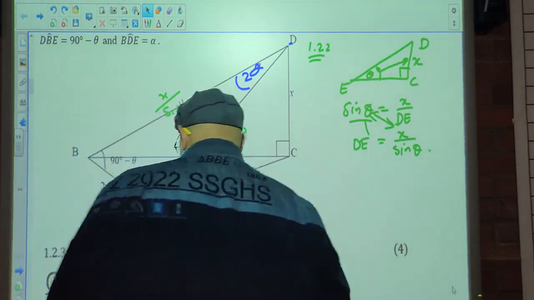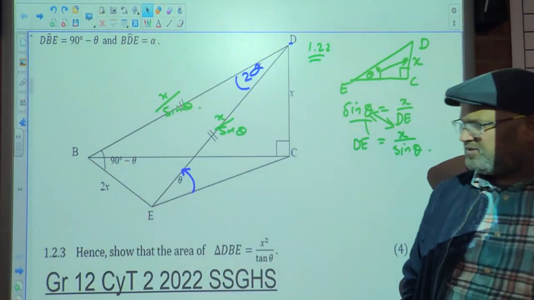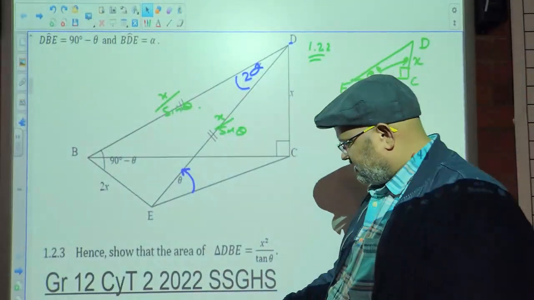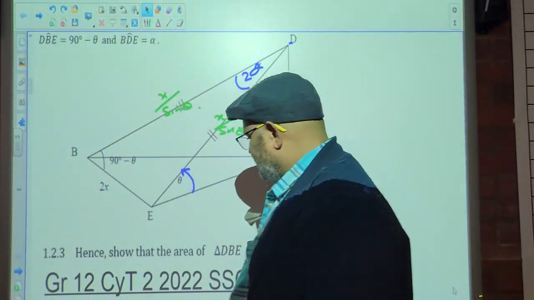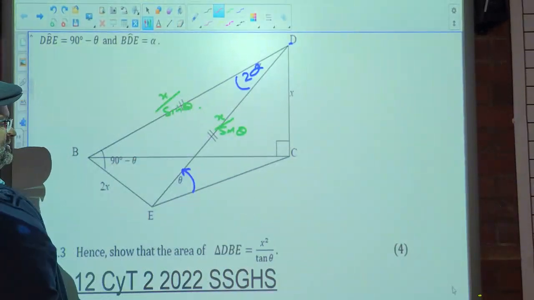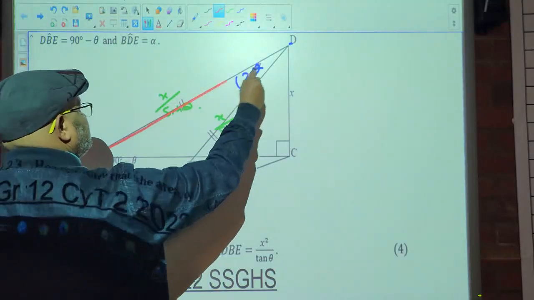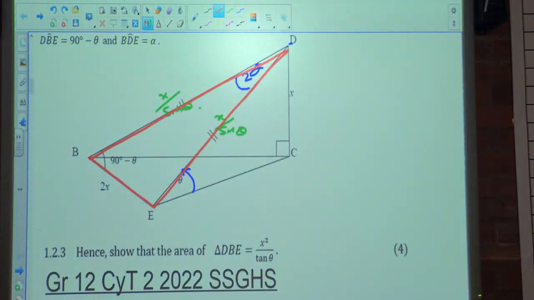Alright, so it says hence. So based on your answer of the previous question, show that the area of triangle DBE is x squared over tan theta. So we're going to work out the area. It's this triangle. How do you calculate the area of a triangle in a non-right angle triangle?